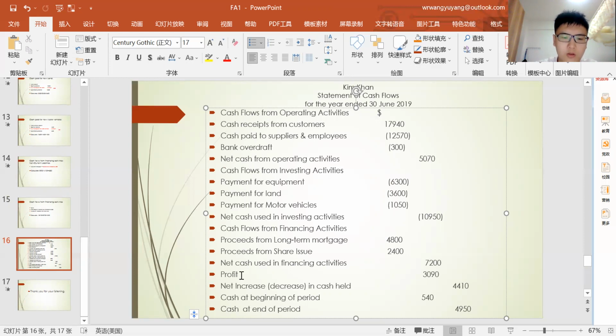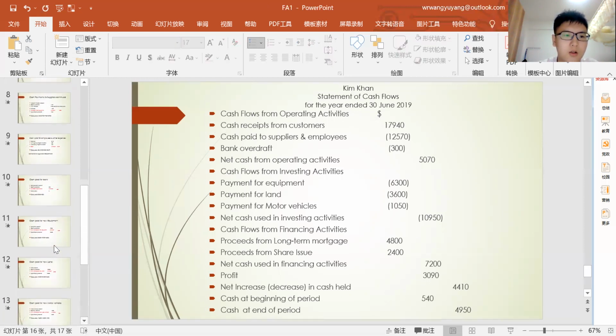So we look at the income statement for the 2020 year. We have a profit of 3090. This is net profit. So from the statement, we note the net increase in cash held, not a decrease. The calculation is 5070 plus 7200 plus 3090 minus 10950 equals 4410.